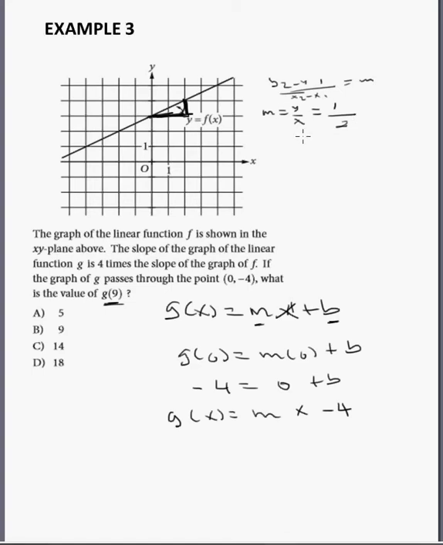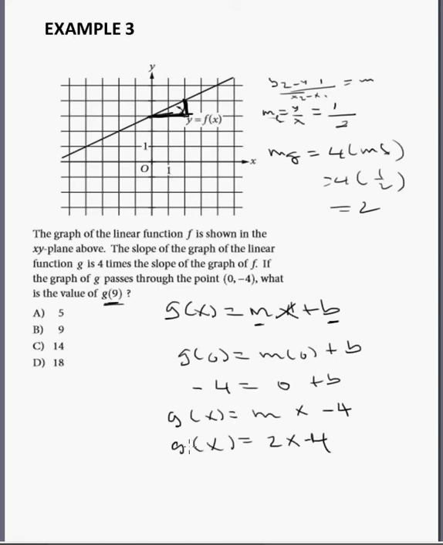So here we can see that m is equal to 1 over 2, and this is m for f. So m_g will be equal to 4 times m_f, which is 4 times 1/2, and that is equal to 2. Therefore, our g(x) can now be written as 2x minus 4.